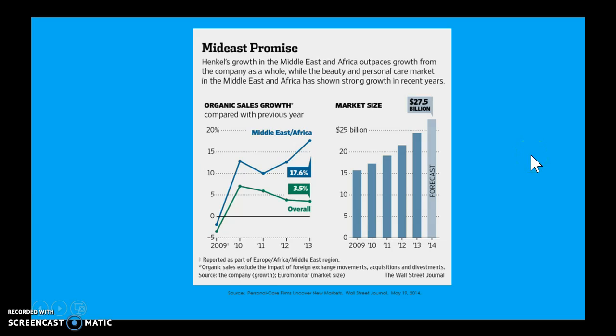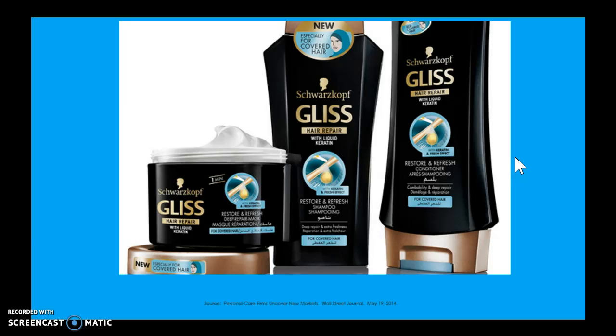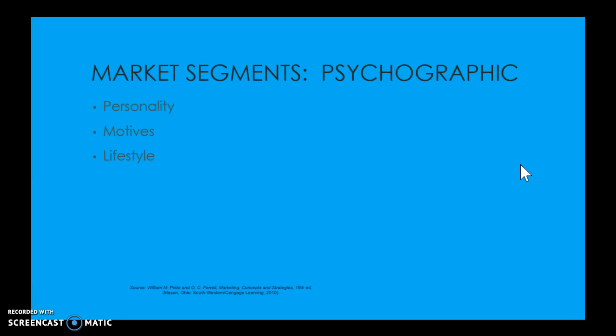But this is an opportunity. And specifically Henkel, which is a German company, has started looking at this as an opportunity and introduced a product, Gliss, for that market. And it's fascinating because their ads are for a hair care product, but they don't show hair. So that is one way to segment a market using demographics.